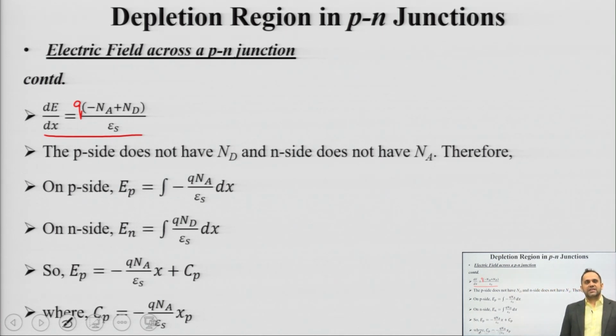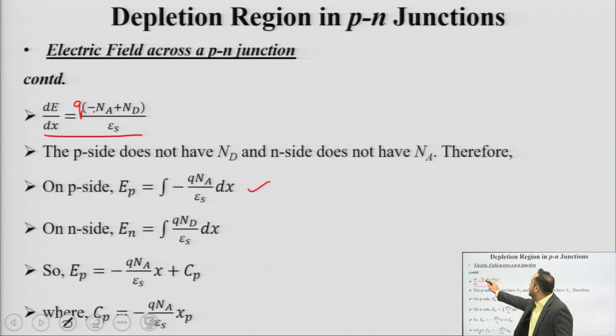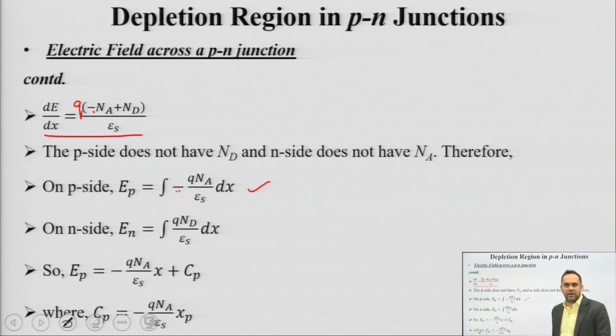Now, the p side does not have donor ions and the n side does not have acceptor ions. To get the total expression of electric field, I need to first analyze the p side of the junction, then the n side of the junction, and combine these two and you will get the net electric field. So, on the p side you only have acceptor ions, the minus sign is coming from here.